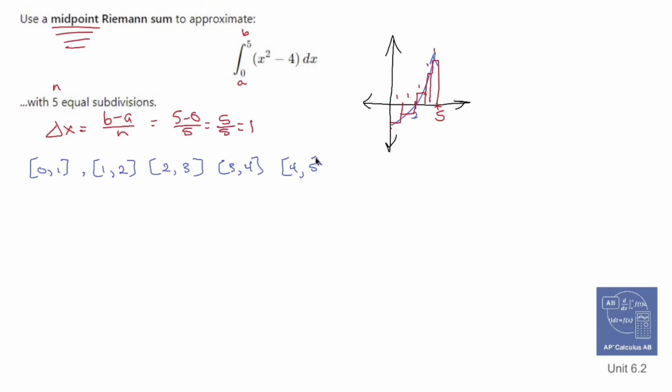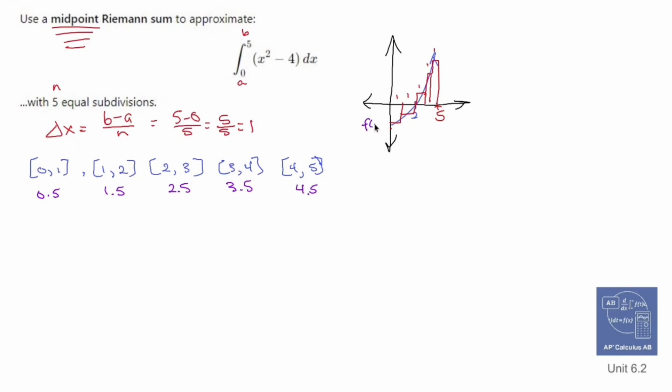Now, what are the midpoints between those? The numbers are easy. 0.5 is a midpoint, 1.5 is a midpoint, 2.5 is a midpoint, 3.5 is a midpoint, 4.5 is a midpoint. So how tall is each of these?